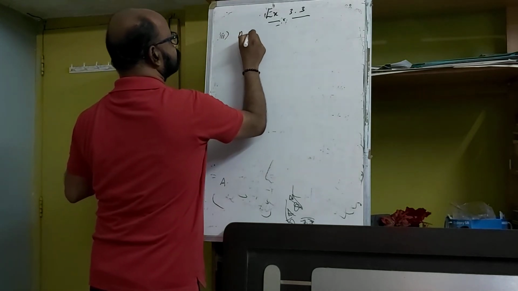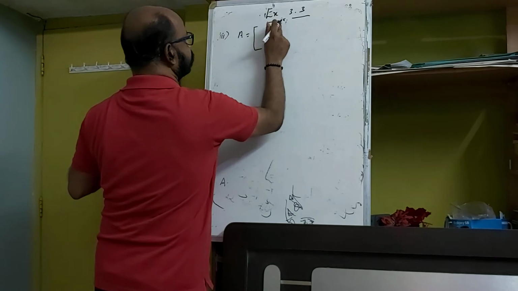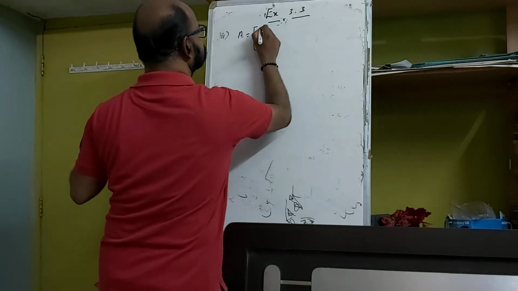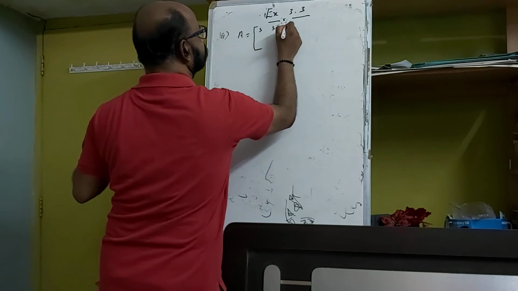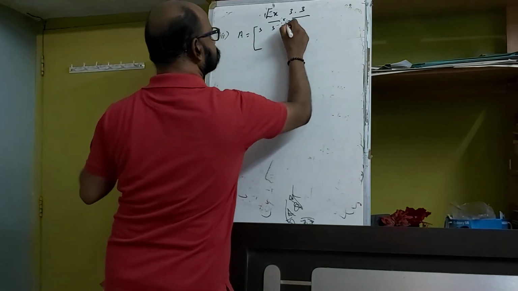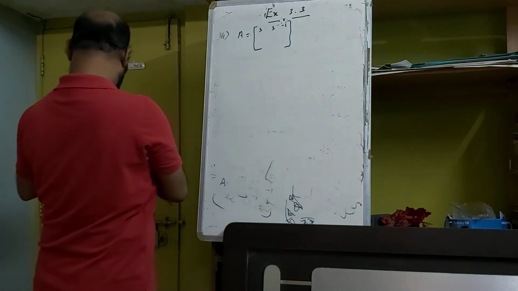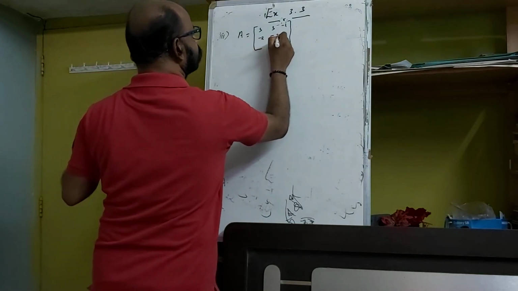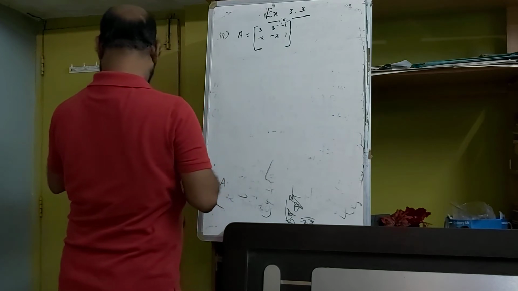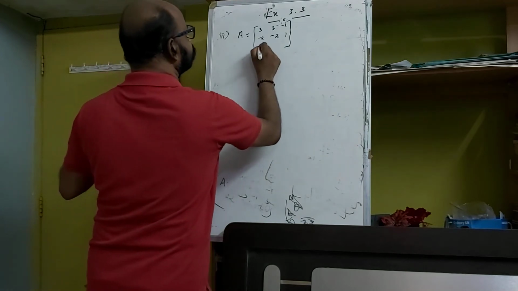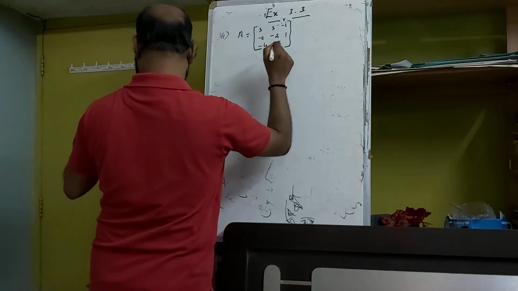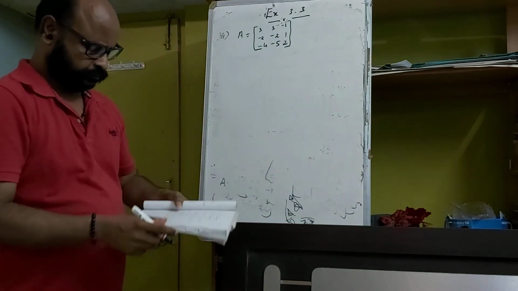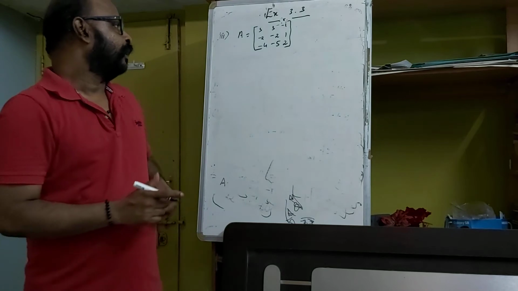We take A equal to matrix 3, 3, minus 1, minus 2, minus 2, 1, minus 4, minus 5, 2.